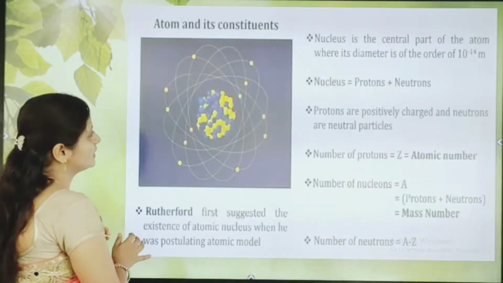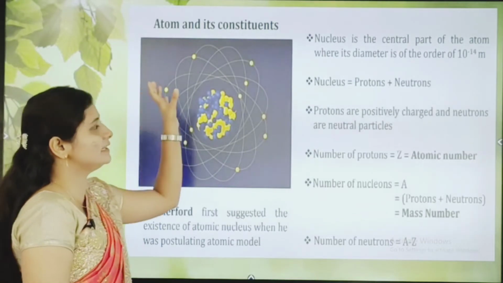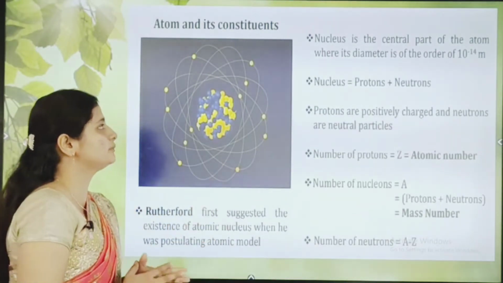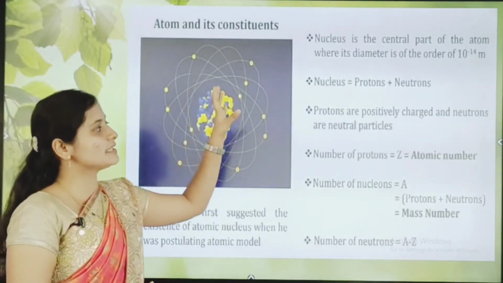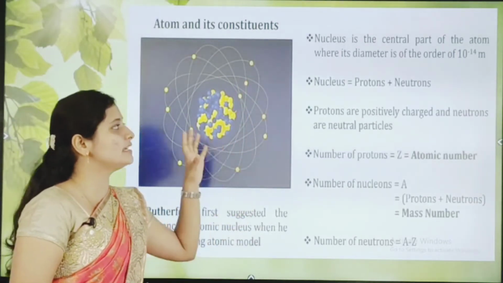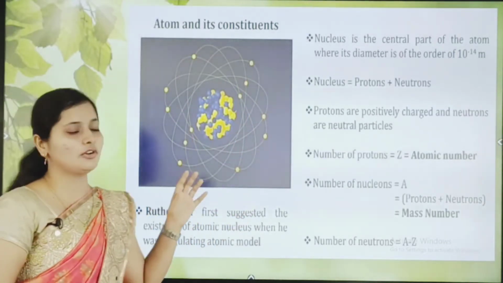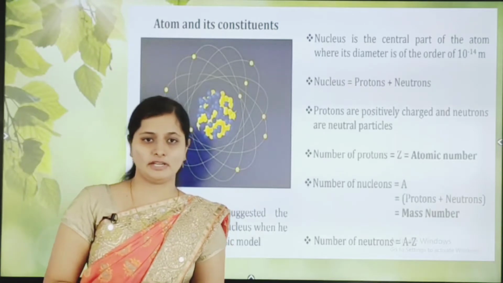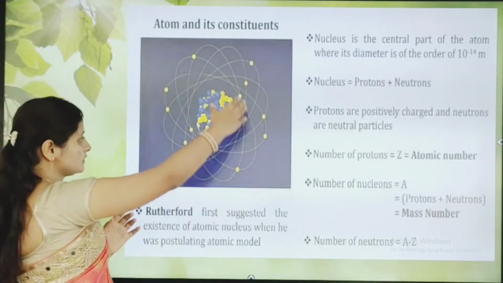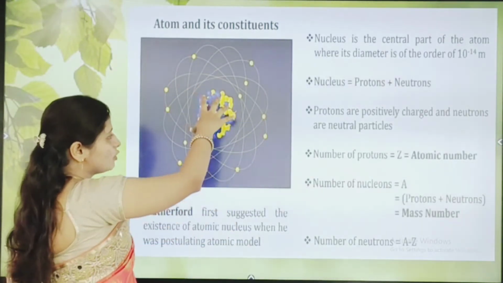We'll move to the next, the atom and its constituents. Nucleus is the central part of the atom, whose diameter is of the order of 10 raised to minus 14 meter. One atom has the nucleus as the center core, and the electrons revolve around the nucleus.